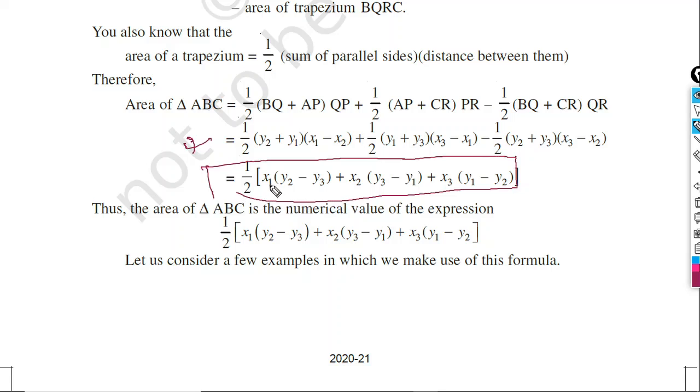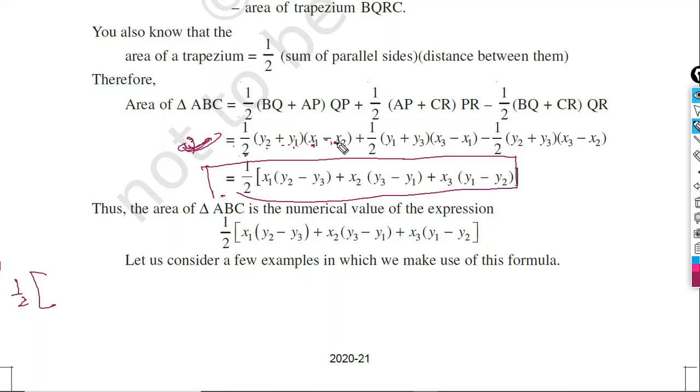So you can write the direct formula or you can calculate further. So from here we can move. You can take 1 by 2 as common. Then we can multiply all these: y2 into x1 minus y2 into x2 plus y1 into x1 minus y1 into x2.